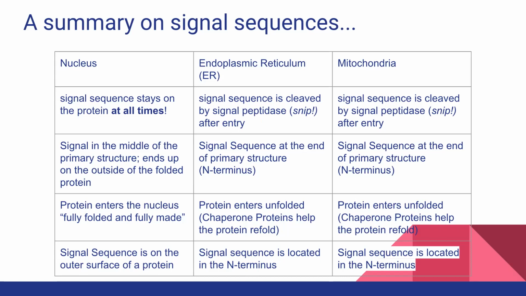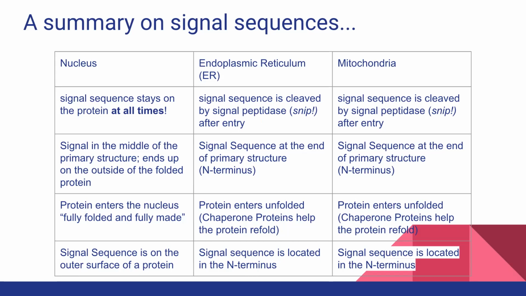This is because those nuclear pores are large enough to fit a fully folded protein. So that's where you see a difference between nuclear import and ER or mitochondrial localization. The pore is just big enough in the nuclear membrane for fully folded proteins to enter. And that's why that signal sequence is found on the outside of the protein.